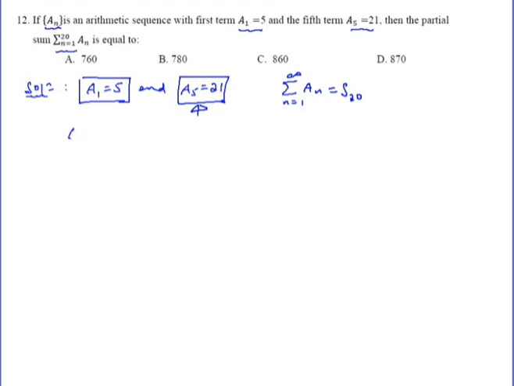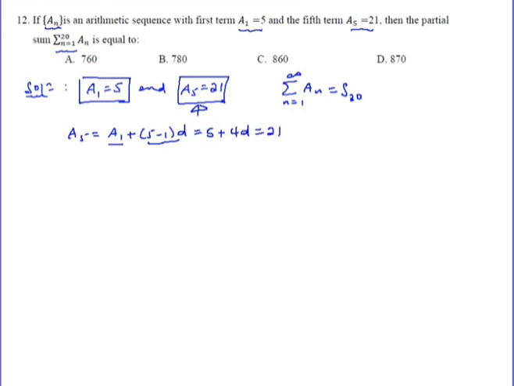The fifth term is equal to the first term plus 5 minus 1 times the common difference, which means the first term 5 plus 4 times the common difference is 21.